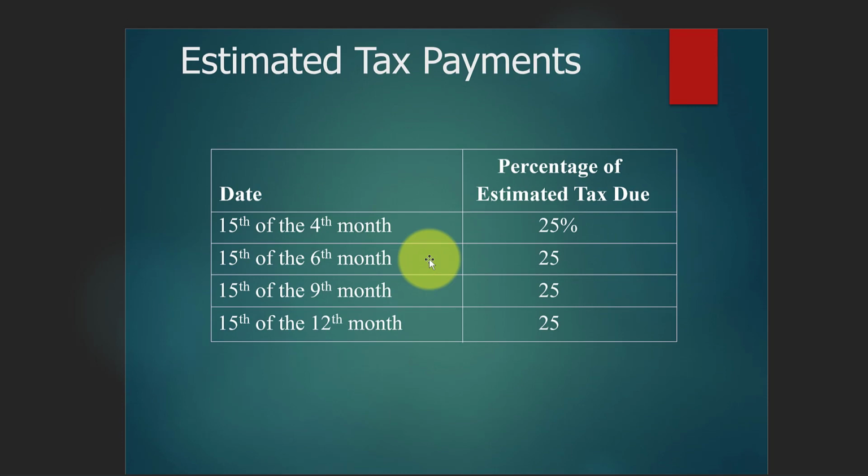So just like individuals, corporations are required to pay estimated tax payments during the year. And you can see there's going to be 4 payments where you try to pay at least 25% for each of the payments. The first payment is due the same date as the tax return from the previous year. So sometimes this is a big hit if you have to pay a balance due for the last year's taxes.